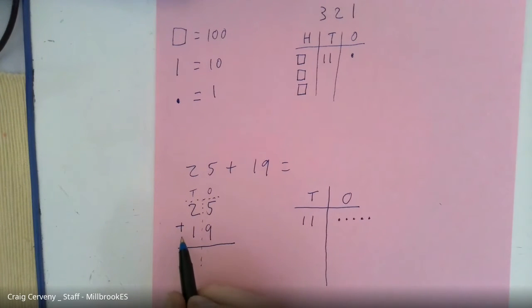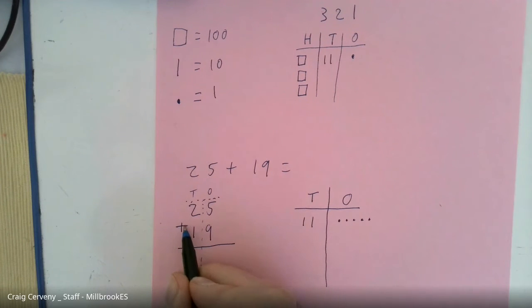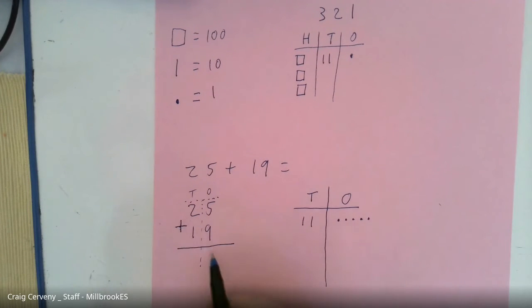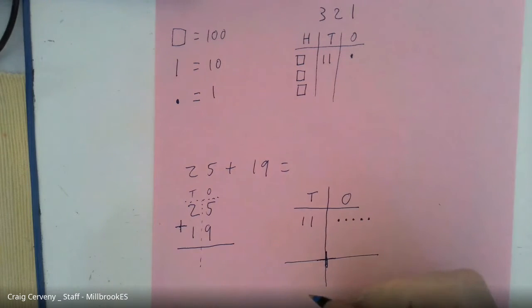Now, I always tell my students when we're looking at addition, we're going to make this kind of plus sign right here in the middle. That means we're going to be adding something to it. And what we're going to be adding to 25 is 19.